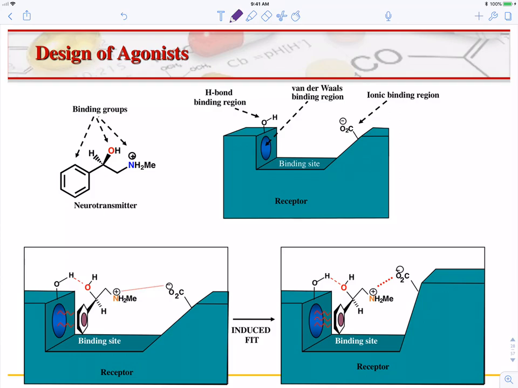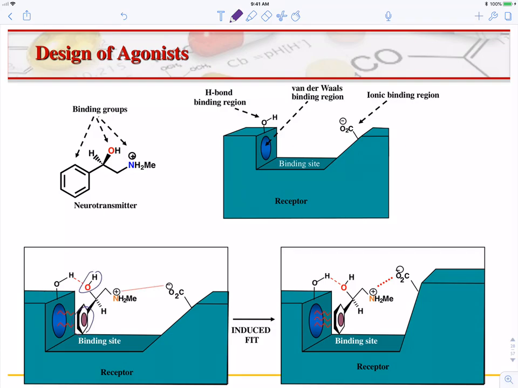and normally the neurotransmitter will bind to the receptor utilizing several different regions. Here we have a hydrogen bonding region, a van der Waals binding region, and an ionic binding region. When the neurotransmitter is in place, we make interactions with the hydrophobic portion of the receptor through the aromatic ring.